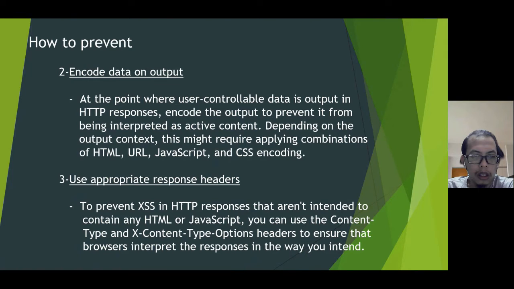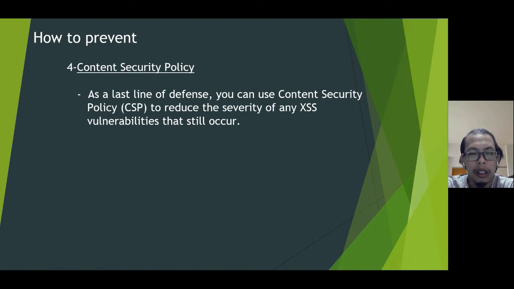Then we use the third method, use appropriate response headers to prevent cross-site scripting in HTTP responses that aren't intended to contain any HTML or JavaScript. You can use the Content-Type and X-Content-Type-Options headers to ensure that browsers interpret the response in the way you intend.